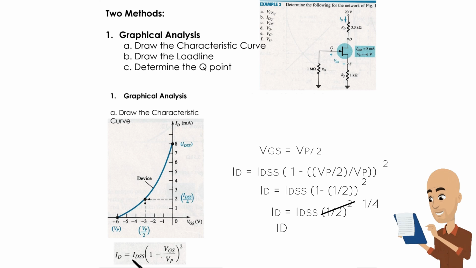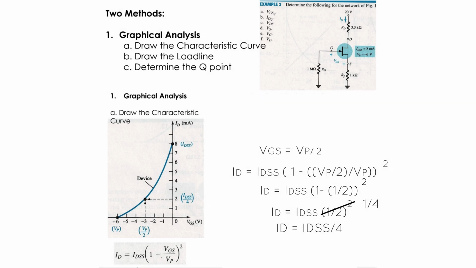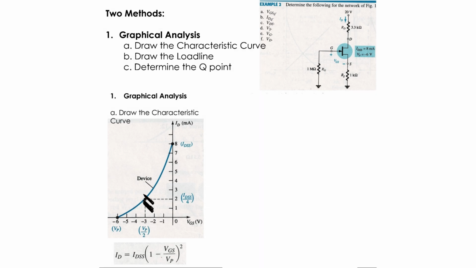Therefore, ID will be equal to IDSS over 4. So at VGS equal to VP over 2, with VP equal to negative 6, that is equal to negative 3, ID will be equal to IDSS over 4. As we can see here, IDSS is equal to 8, so 8 over 4 is equal to 2. So we have this point.